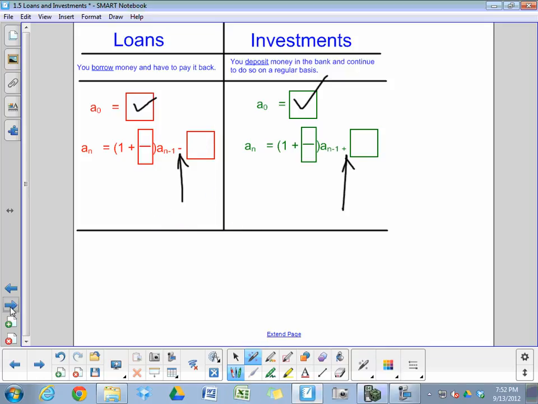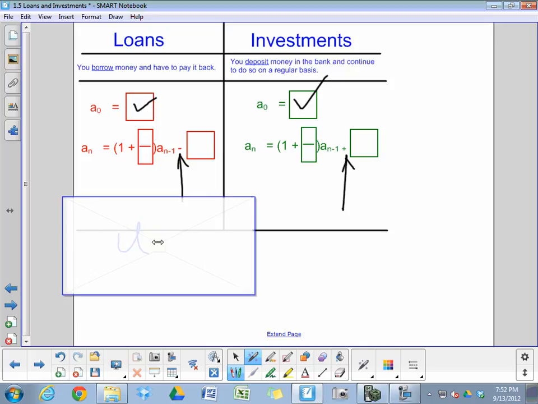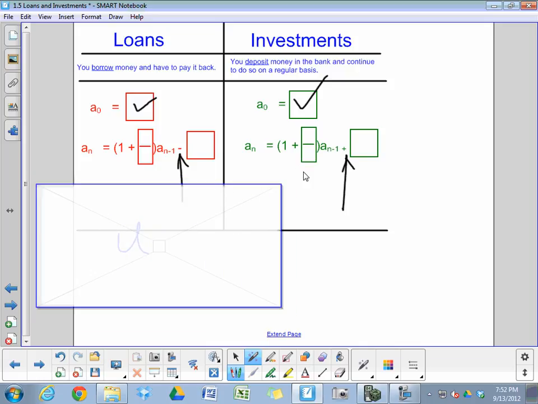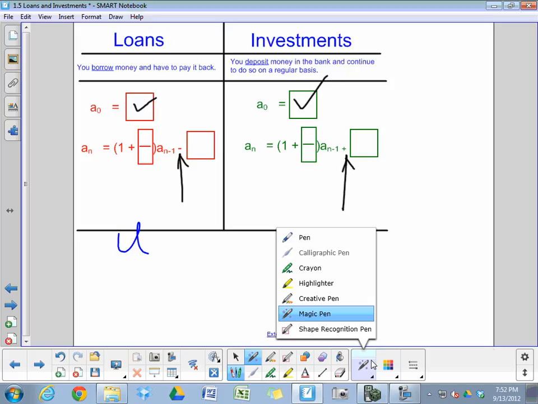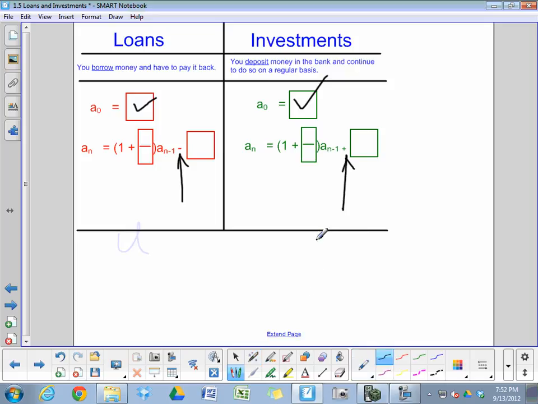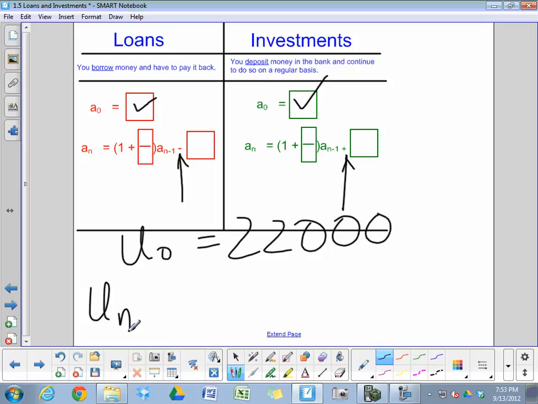So what I want to do is show you what this would look like as a formula. It's going to be U0. Let's go back here and use a regular pen. Your initial amount borrowed is going to be $22,000, and U sub n, or A sub n, remember we can use any letter there.